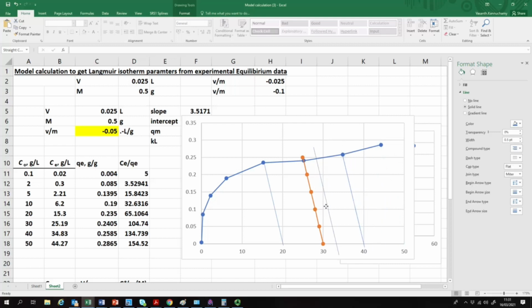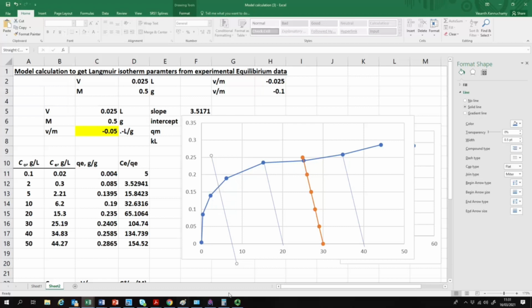If you start from 10, your equilibrium concentration will be here. If you start somewhere in the middle, say 8 grams per liter, which is around here, just look at the cursor, your corresponding equilibrium concentration will be somewhere around here.